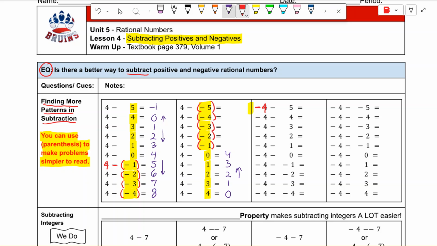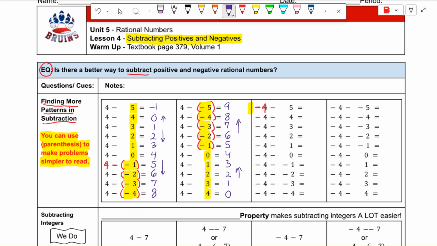You don't need to. Let's continue the pattern. 4 take away -1. We've already seen this one. That is 5. 4 take away -2 is 6. 4 take away -3 is 7. 4 take away -4 is 8. And 4 take away -5 is 9.